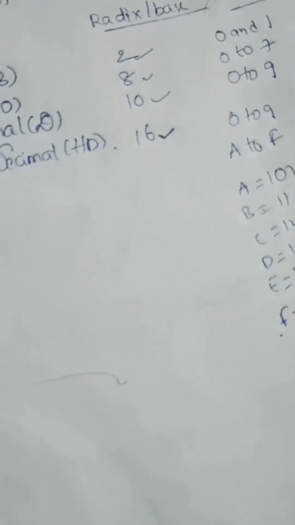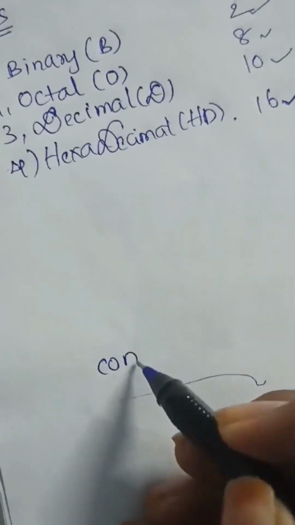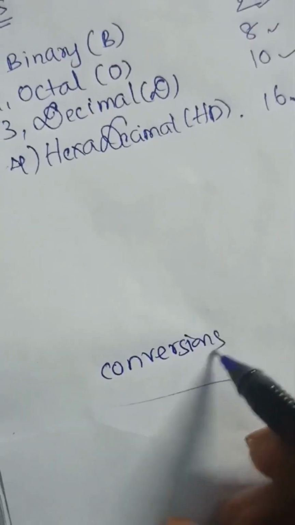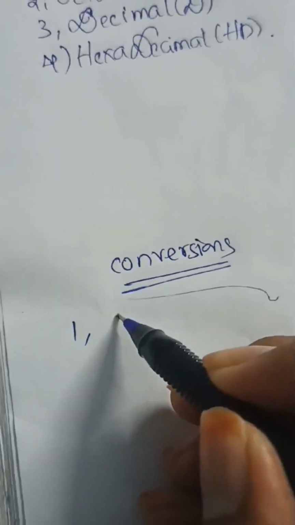Now let me describe the conversions of number system. What are the conversions of number system? We have several types of conversions.